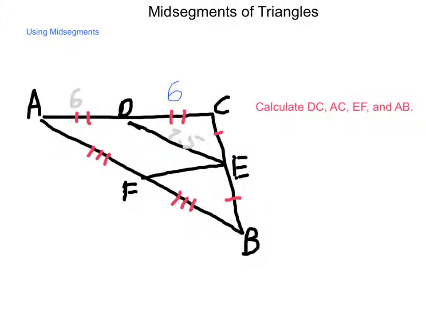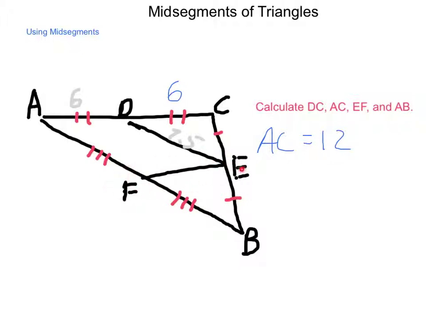Next, let's look for AC. Well, AC is this entire side, so if we know that the pieces are each 6, then we can come over here and say that AC, remember without the line segment marker on top, it means the measurement of, would equal 12. Next, we need EF. Well, EF is located here.